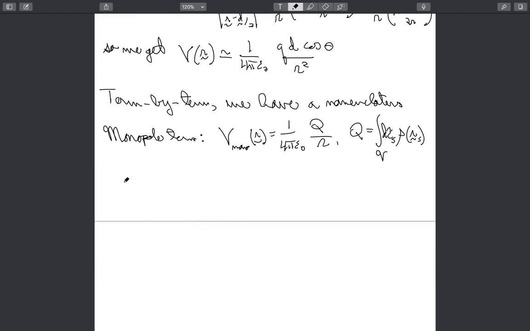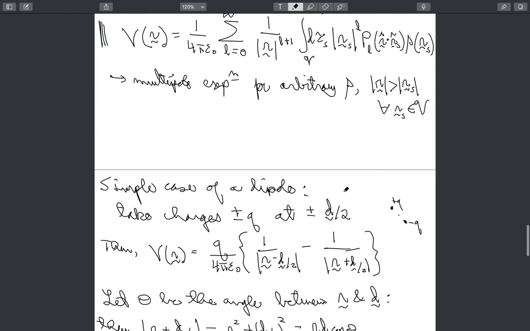The next term is the dipole term. And the dipole term looks like this. So you have the dipole V_dip of R, again 1 over 4 pi epsilon 0. Now I have a 1 over r squared, and I have an integral over the volume of my source charges, but now I should put the first Legendre polynomial, right?